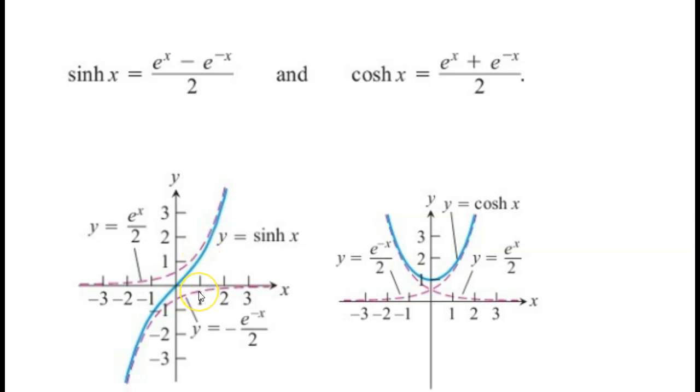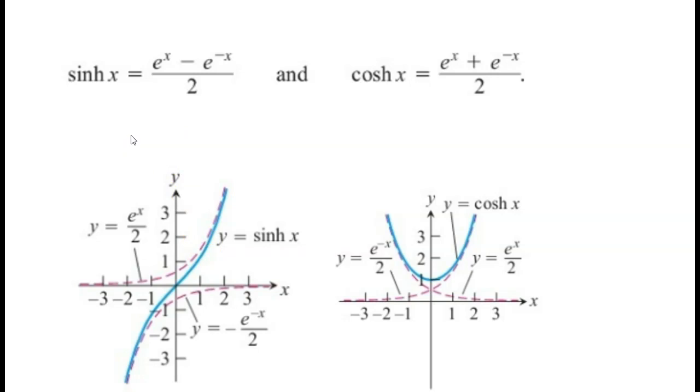Then I find the value on the graph of e to the minus x divided by 2, which looks to be less than a half, so maybe 0.4. So the value on sinh should be this 1.5 minus a negative 0.4, which gives us something relatively close up here, right? So in order to compute them, you have to find the value on each of the graphs and then do the subtraction.